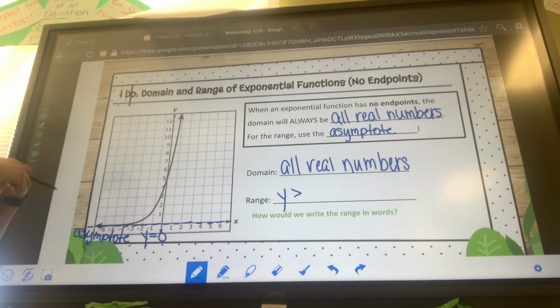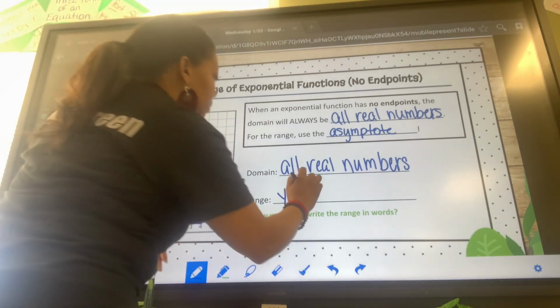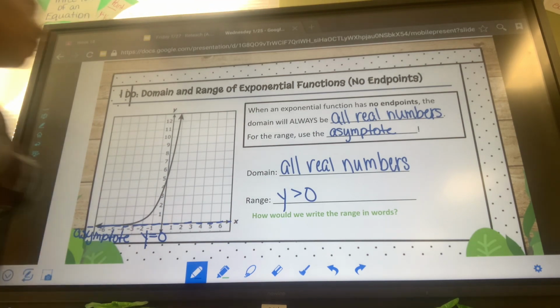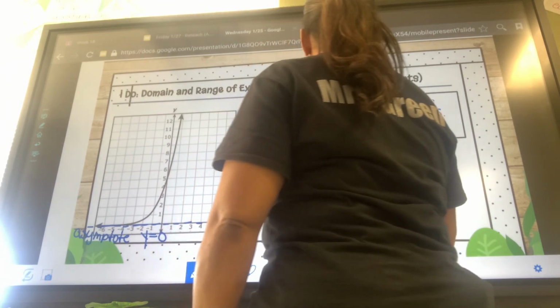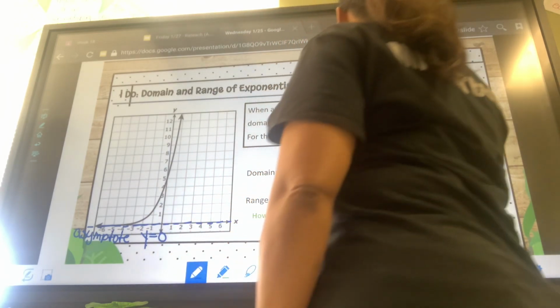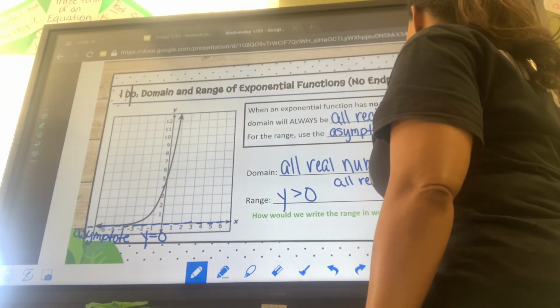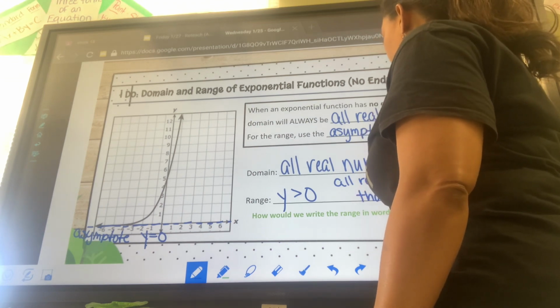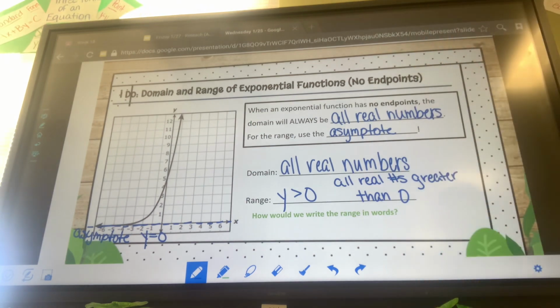It's just right on top of the line. So we can only have the greater than and then the 0. No equal to part on this. So if you have an asymptote, you're not going to have an equal. And we will read this as all real numbers greater than 0. All right, and that is your lesson on domain and range.